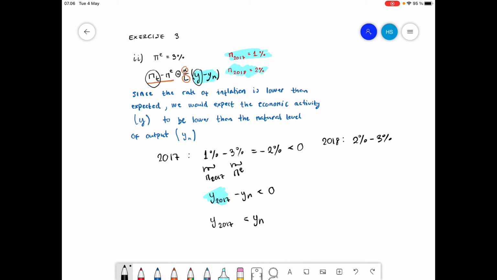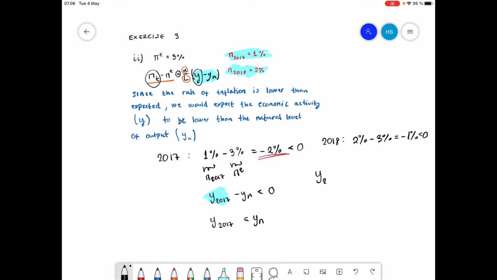That is given in the exercise. So the difference between actual inflation and expected inflation is now equal to minus 1%. This is still negative, but it is not as negative as we had it before. Now it is minus 1%, before it was minus 2%.